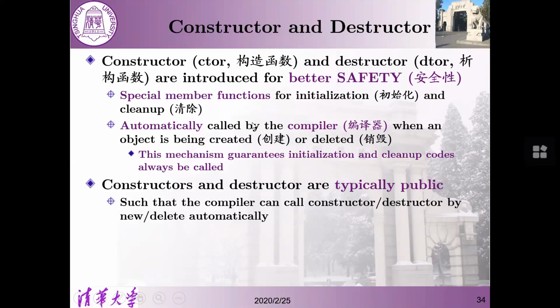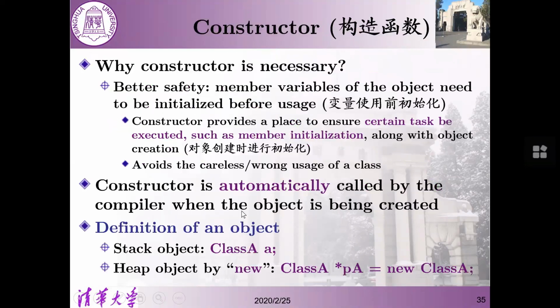So this avoids the errors caused by careless users, right? Constructor and destructor are typically public. Otherwise, there may be compiling errors. So we just mentioned that constructor is for better safety, and it guarantees that member variables are initialized before usage because it is automatically called.